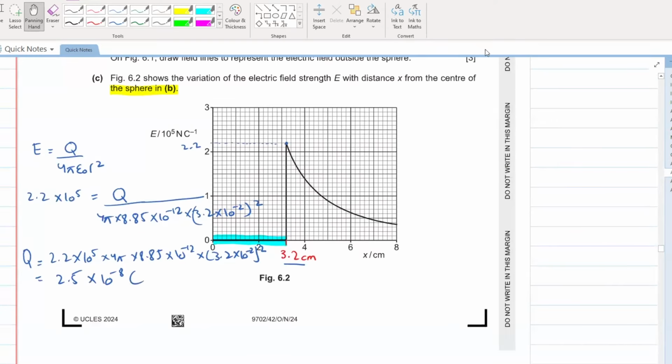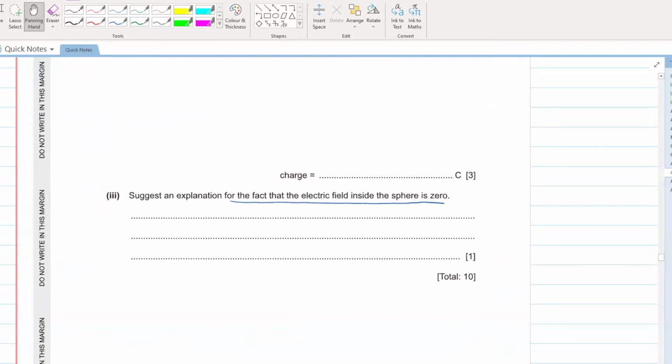Why is this the case? The easiest explanation that you can write here is that all the positive charge is on the surface.